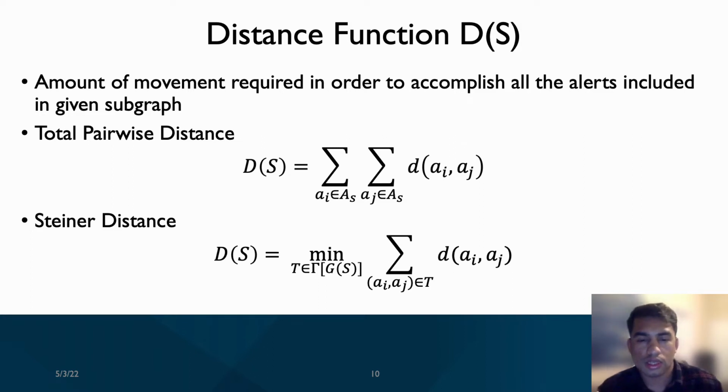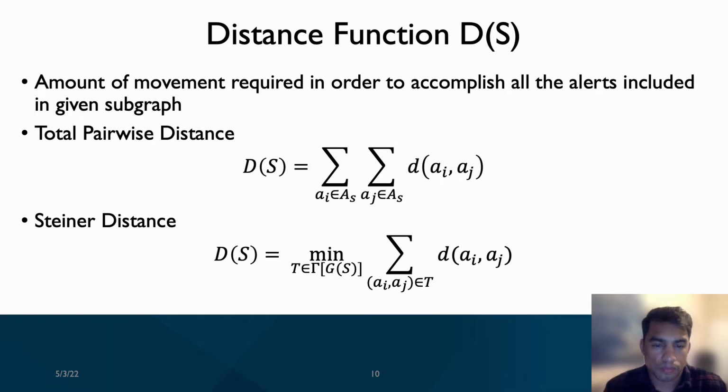And in a chain of events, the first event and last event can be quite far apart, and the pairwise distance function penalizes that sort of behavior. So we utilize the Steiner distance instead, which is the sum of shortest path distances between adjacent alerts in a given Steiner tree, rather than the sum of every pair of alerts.